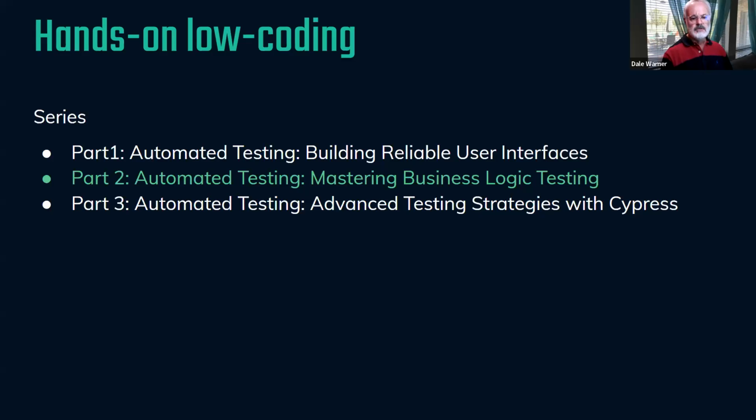Part two today, we're going to focus on you've got some business logic, and we want to be able to test that and make sure that it stays operational, doesn't change, or doesn't get disturbed by changes that you're making behind the scenes.